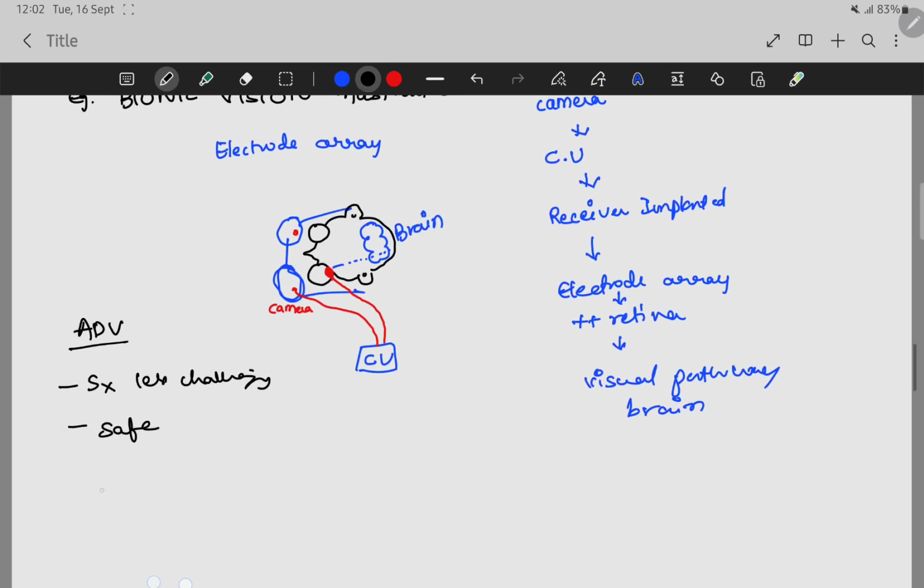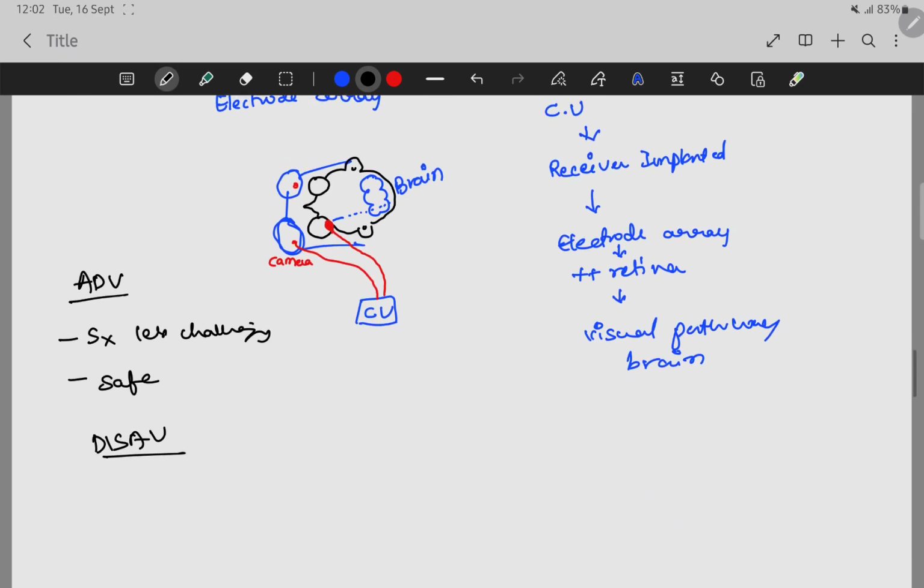The disadvantages are that, because it is not present near the photoreceptors and is located away from them, there is a requirement of more current, and there are chances of suprachoroidal hemorrhage.